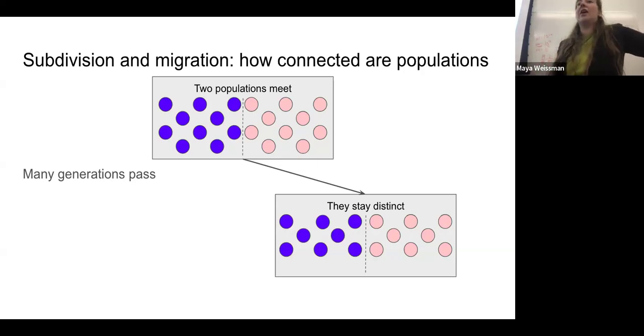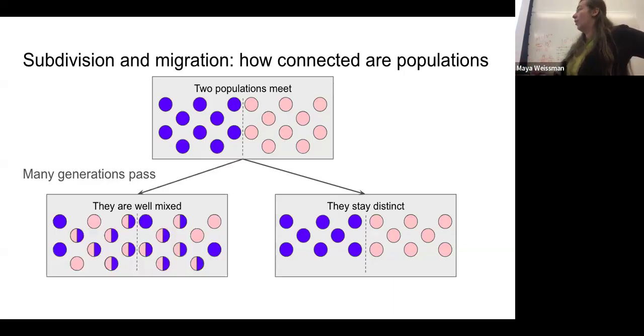Maybe there is a giant mountain range in the middle of these two bird species, and so they're not actually meeting and there can't be gene flow. Or maybe there's tons of gene flow, tons of migration between population 1 and population 2, and they are actually very well mixed. So we can see this very visually here, but how might you mathematically quantify it?